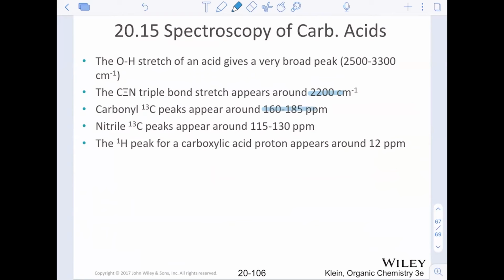So those carbonyl peaks can be identified with carbon-13, or even proton NMR as well, right? In proton NMR, the carbonyl of a carboxylic acid is easier to see. For nitrile carbon-13, just remember it is an sp hybridized carbon, so it appears in the middle, right around 115 to 130.